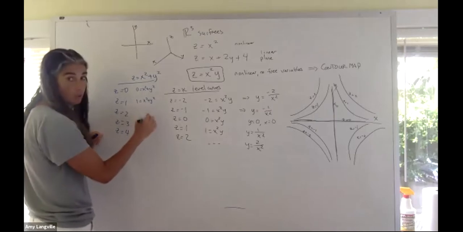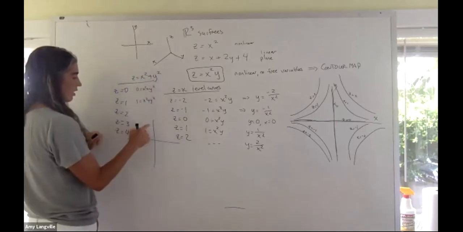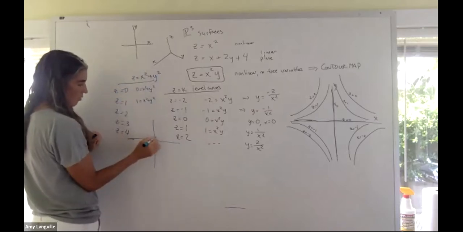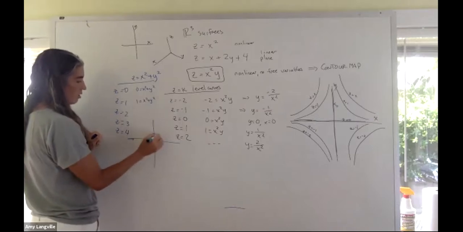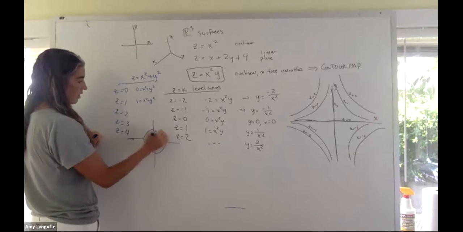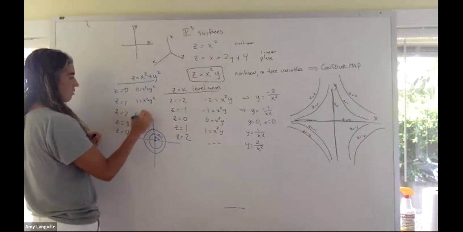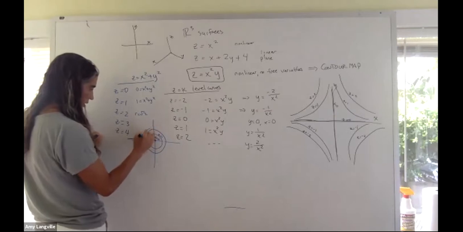So I'm going to draw a little mini picture here for our contour map for this x squared plus y squared. That's the circle with a radius of 0, which happened when I set z to be 0. Circle with a radius of 1. Radius of square root of 2. So this one's got the radius of square root of 2, and so that'd be like 1.4.